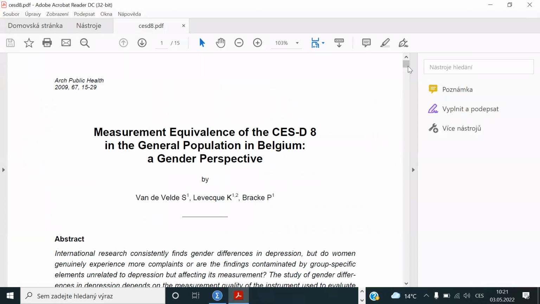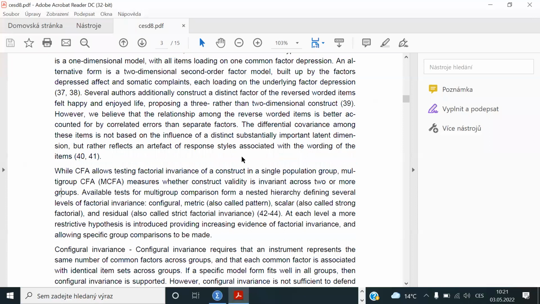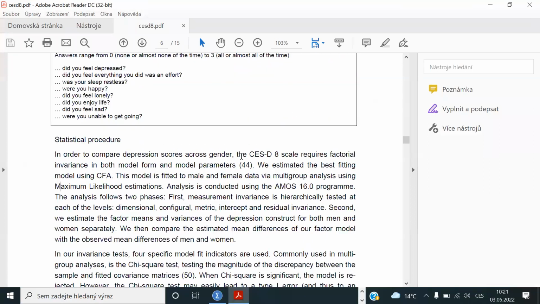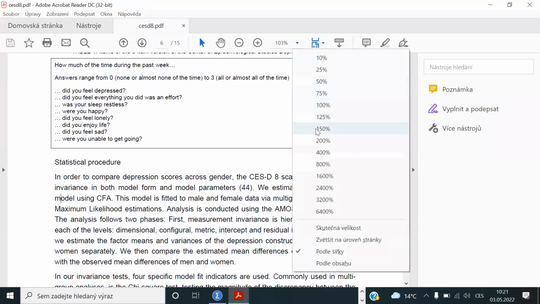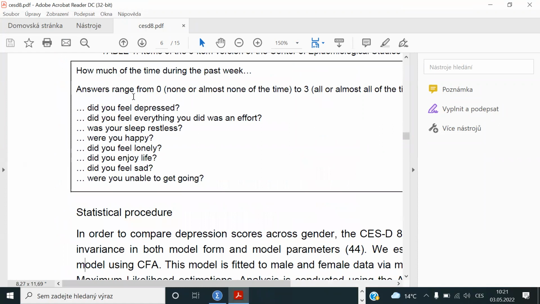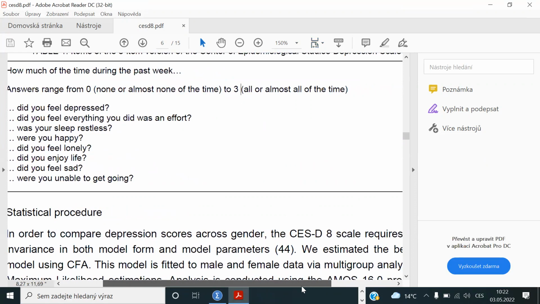Yeah. So that's an article about this CESD scale. And if I go down, we can see the original items for this scale. So here it is. And there are answers ranging from 0, none or almost none of the time, up to 3, all or almost all of the time.